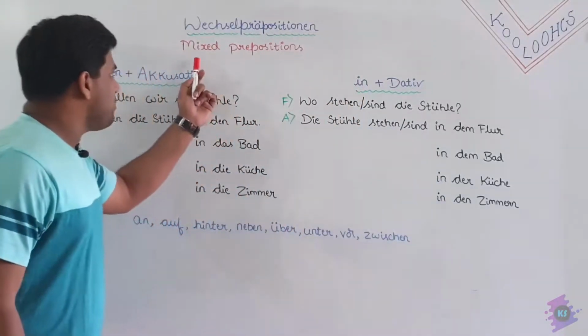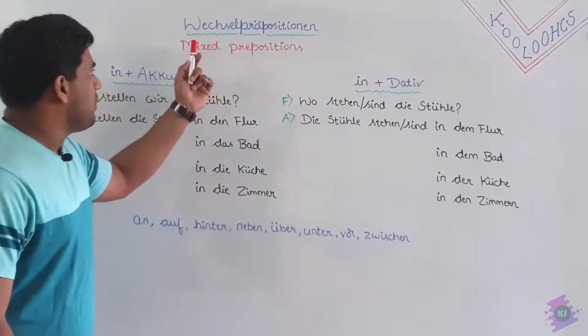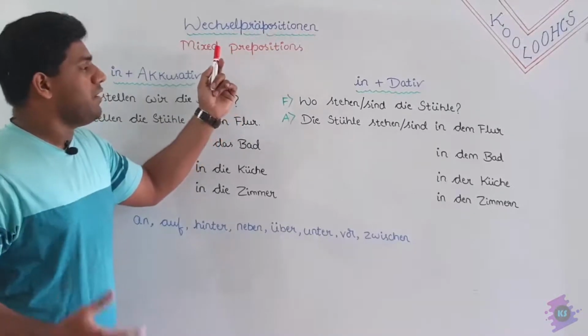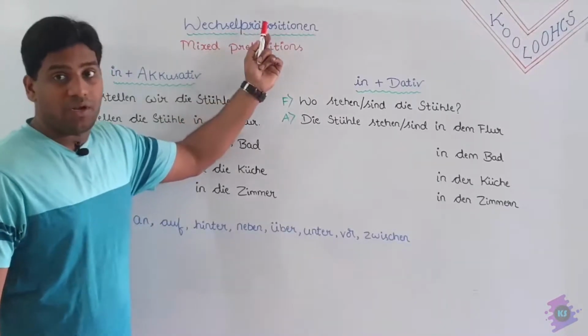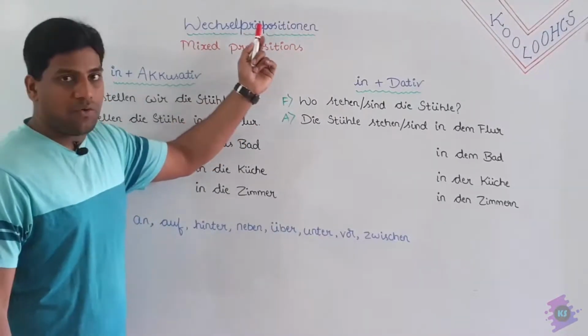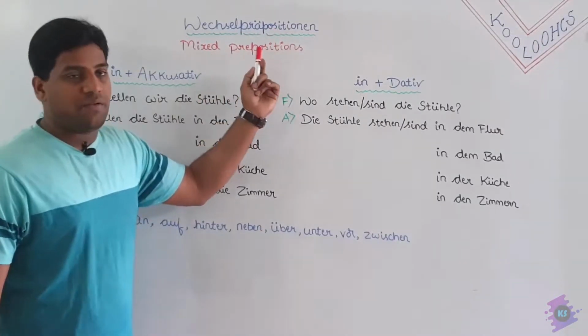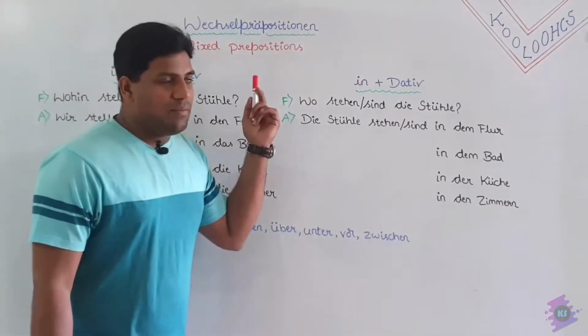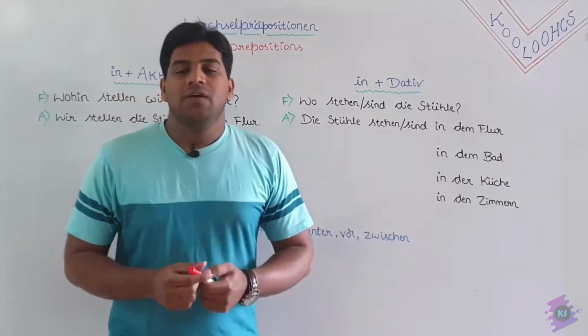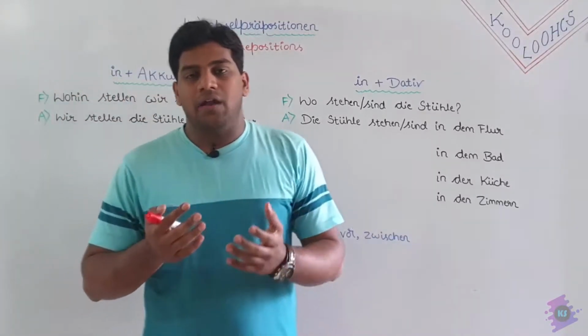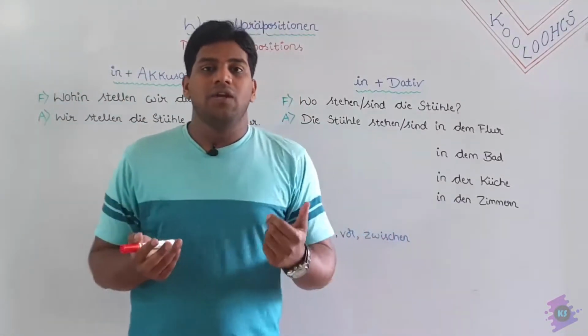So mixed preposition in German is called Wechselpräposition, and in plural it is Wechselpräpositionen. Wechselpräpositionen means mixed prepositions. Mixed prepositions are the prepositions which demand accusative articles and also dative articles.